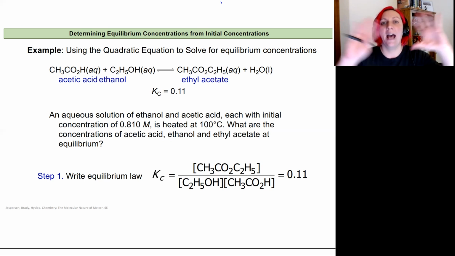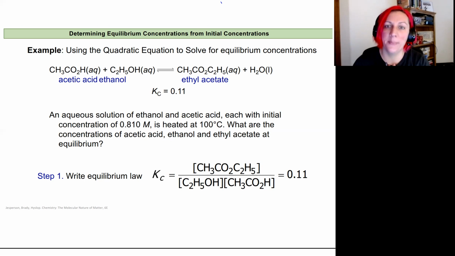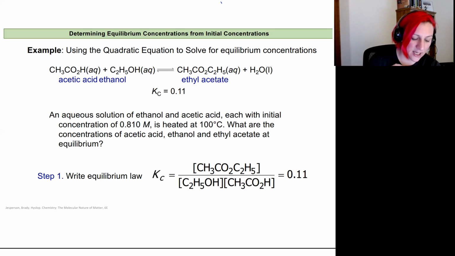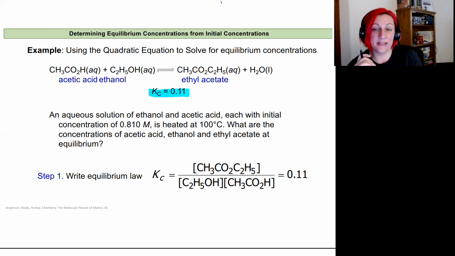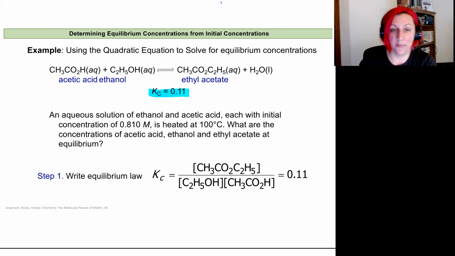So with that introduction, let's walk through an example looking at acetic acid combining with ethanol to form ethyl acetate and water. And we have an equilibrium constant given to us that is 0.11 for concentrations. Now, this problem is giving us just concentrations right off the bat, which is kind of nice.